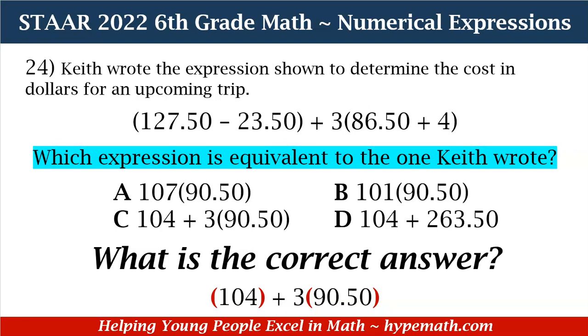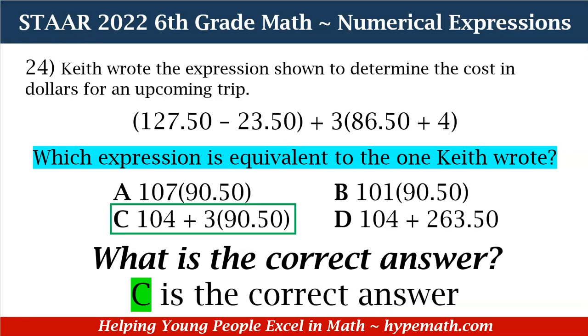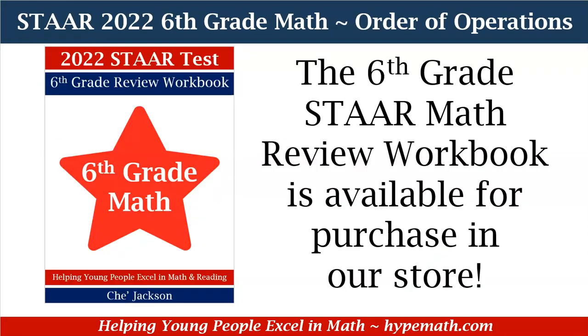Well, what we need to do is look and see which problem shows 104 plus 3 times 90.50. Do you see it? If you answered C, 104 plus 3 times 90.50, you're absolutely correct. Great job, 6th graders. And that is it for numerical expressions part 3.